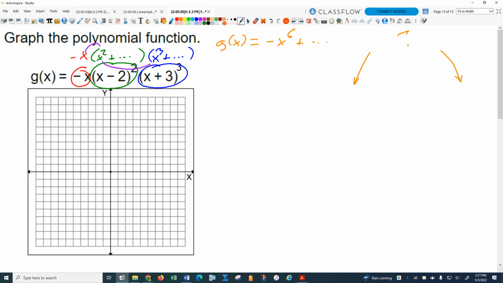If that's my red factor, what's the 0 that goes with that? x equals, if I'm finding the zeros of the function, I set it all equal to 0. What's the value of x that's going to make the first red factor 0? 0, yeah. Okay, so we got x equals 0.